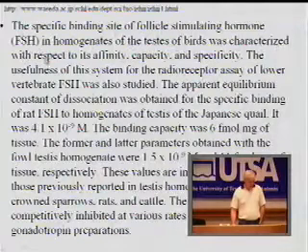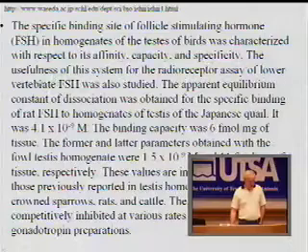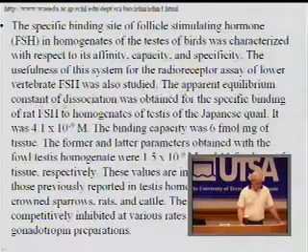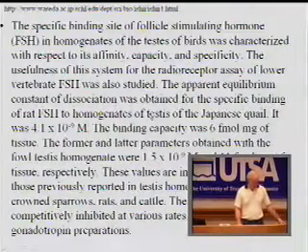So the specific binding site of follicle-stimulating hormone in the homogenates of the testes of birds was characterized with respect to its affinity, capacity, and specificity. The usefulness of this system for radioreceptor assay to lower vertebrate FSH was also studied. So the apparent equilibrium constant of dissociation was obtained for the specific binding of rat FSH to homogenates of testes of the Japanese quail.